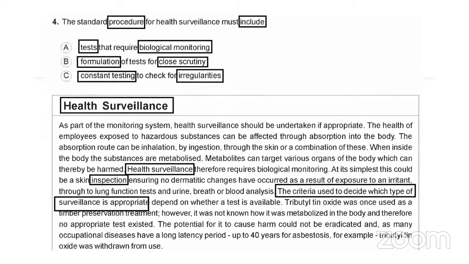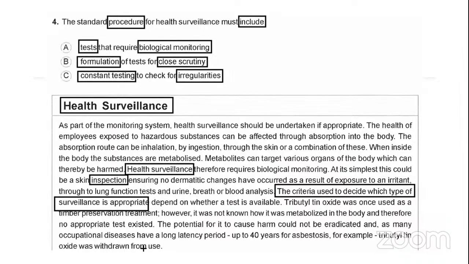Tributyl tin oxide was once used as a timber preservation treatment. However, it was not known how it was metabolized in the body, and therefore no appropriate test existed. The potential for it to cause harm could not be eradicated, and as many occupational diseases have a long latency period, up to 40 years for asbestosis, for example, tributyl tin oxide was withdrawn from use. Formulation means designing of tests. They are scrutinizing.